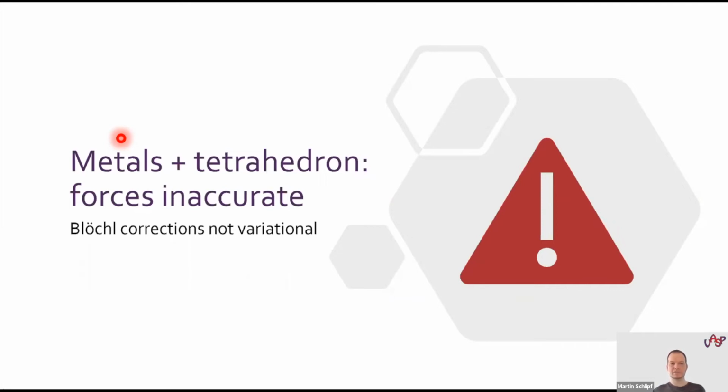That means that if you move your atoms, there might be a discontinuous change of these occupation factors, so you cannot calculate accurate forces. This is why you shouldn't use it for metals. In insulators, your occupations are either 1 or 0, so then it doesn't matter. But for metals, where you might have fractional occupations, you should not calculate forces with this tetrahedron method.